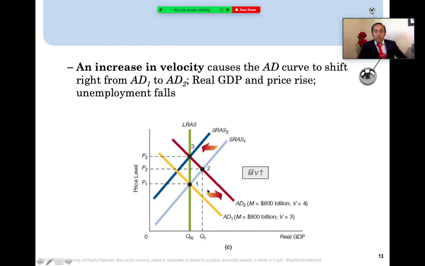But in the long run, after 2 or 3 years, it goes back to its normal levels, Q of N. So while we can experience high levels of GDP, Q1, with low unemployment and high output, in the long run, the adjustment process, the self-correcting process, is going to push the economy back to the natural level, Q of N, at the new equilibrium, equilibrium 3, with a higher price, and GDP goes back to its normal level with natural levels of unemployment.